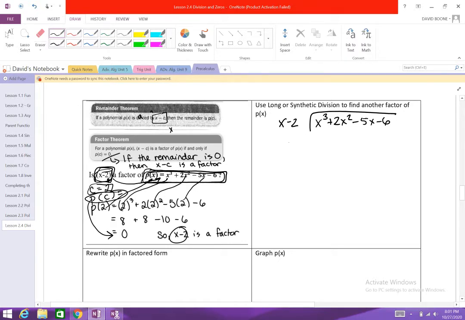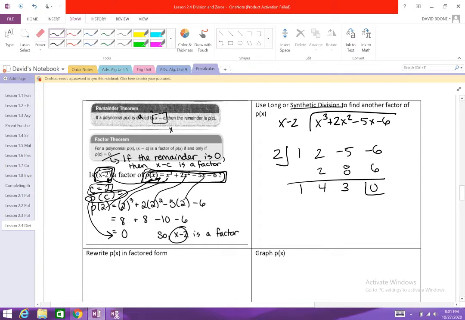We can double check this too, just to make sure, with synthetic division. I'm assuming most people will do synthetic division, and we'll get that c value, which is 2. Then again, bring down your coefficients, 1, 2, -5, -6. Bring down that first one, multiply, add, multiply, add, multiply, and add.